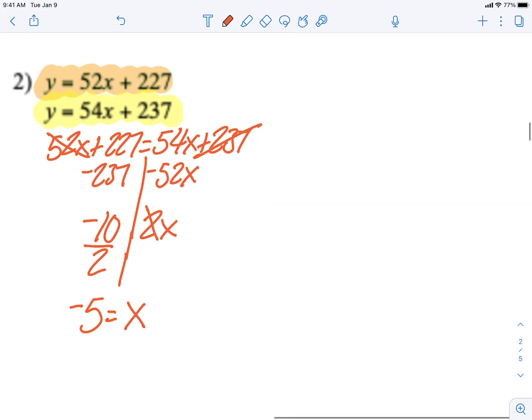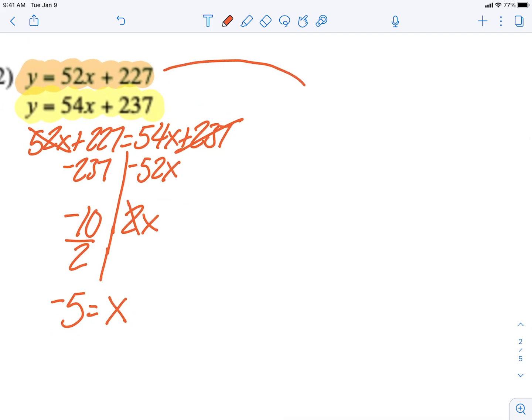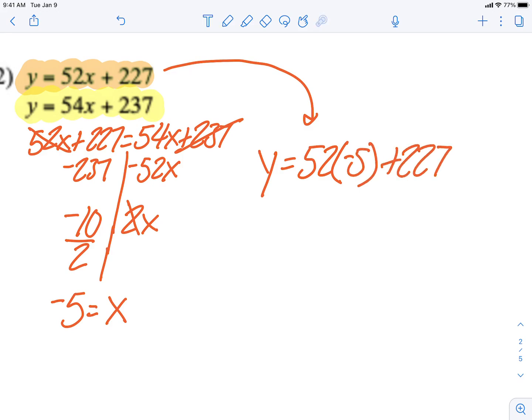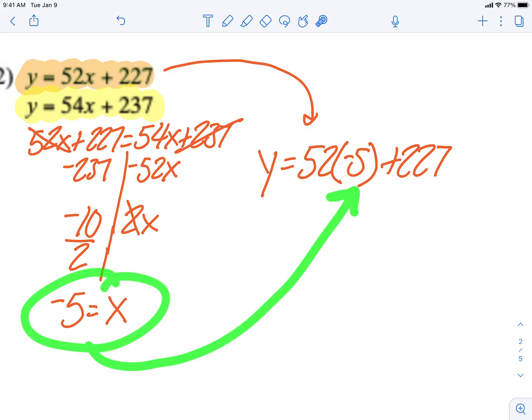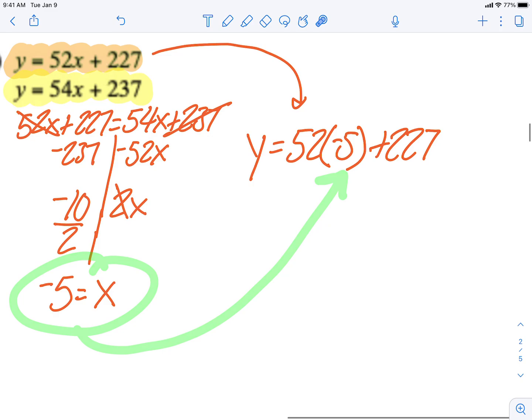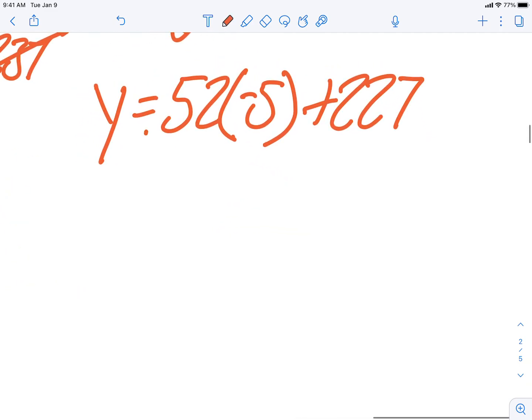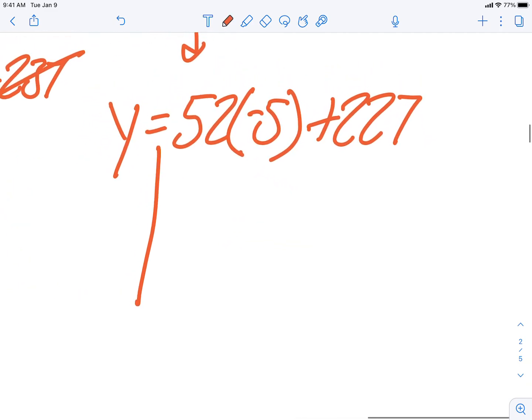So last time I picked yellow, let me pick orange this time. So I'm going to bring my orange equation over. y is equal to 52, but instead of x, I'm going to write negative 5 plus 227. And let's not forget that this negative 5 came from here, and I just plugged it in there for x, right? So 52 times negative 5 is, what is it?